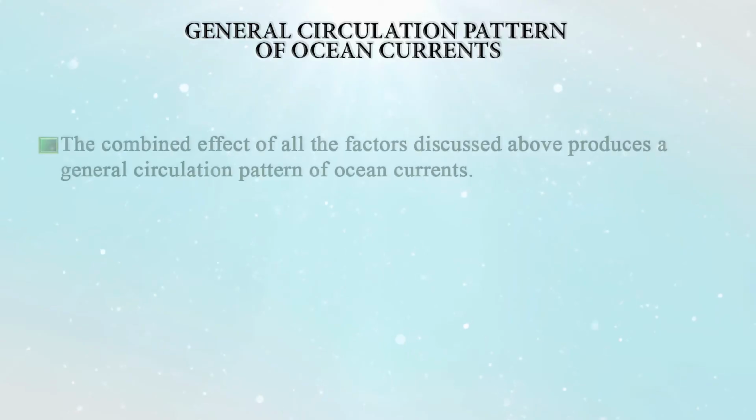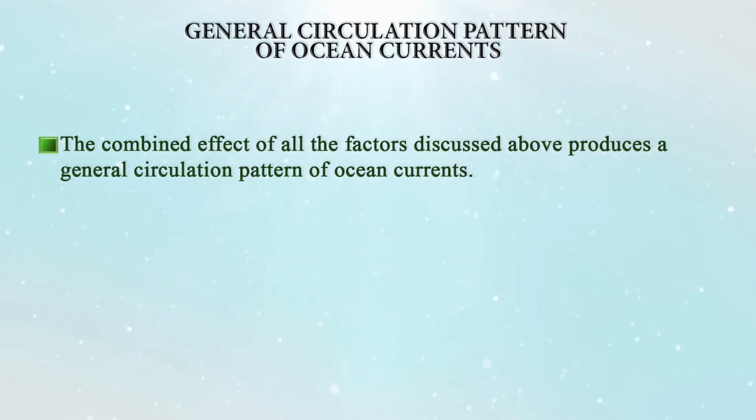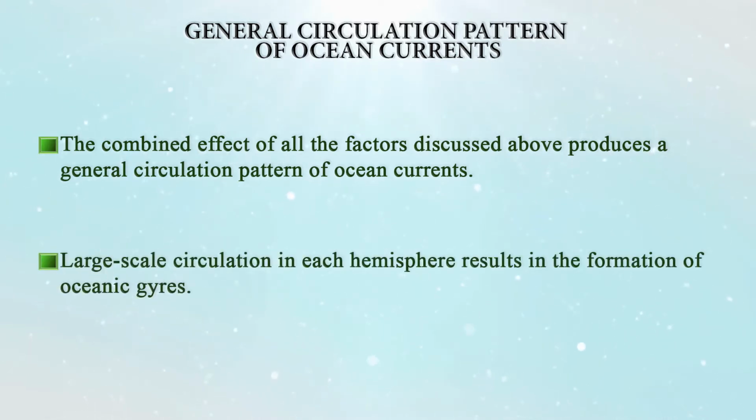Let us come to the general circulation pattern of the ocean currents. As I have explained, the combined effect of all these factors discussed above produces a general circulation pattern of the ocean currents. Large scale circulation in each hemisphere results in the formation of oceanic gyres.